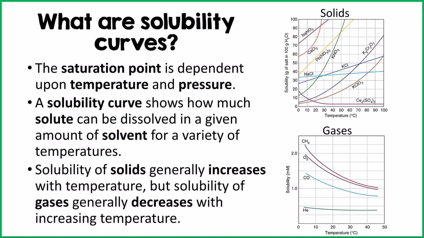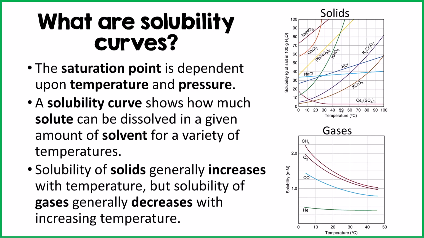So here are examples of solubility curves. You can see solubility curves for lots of different solids here. And on the left-hand side, we have the solubility, which is the grams of whatever the salt is that we're testing in 100 grams of water. And then across the bottom, we have increasing temperature.